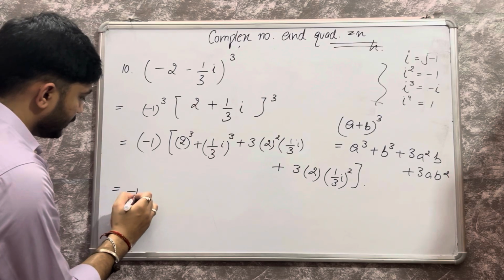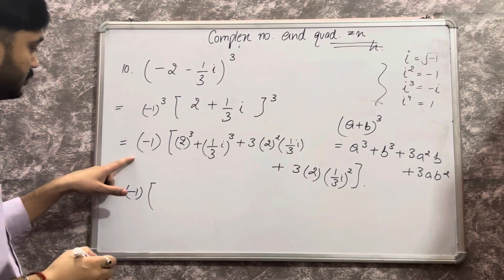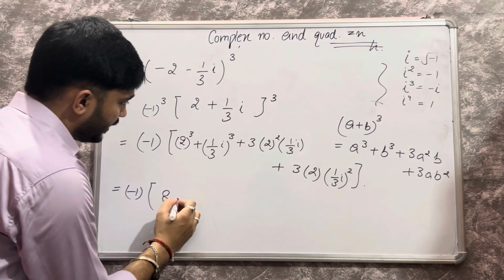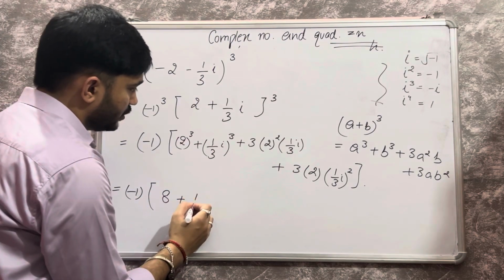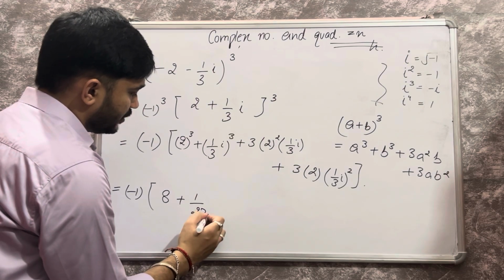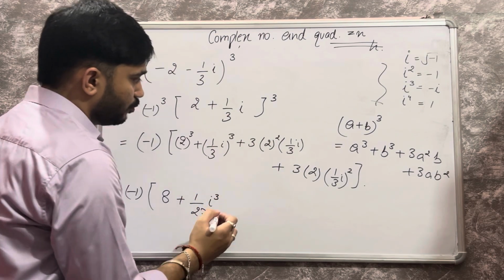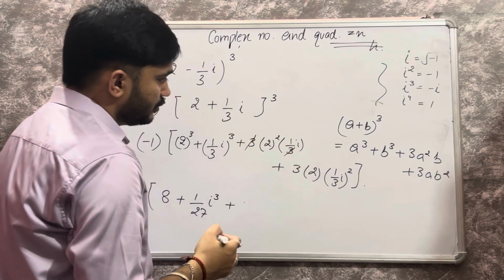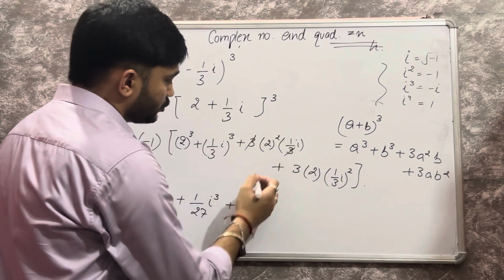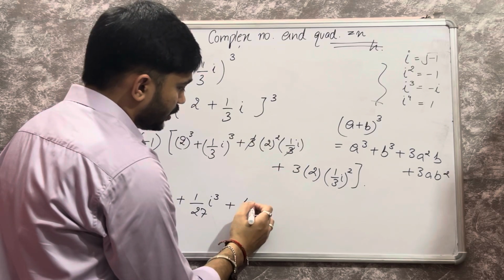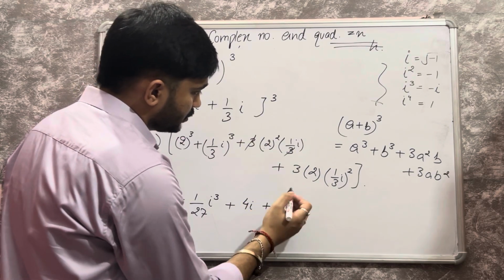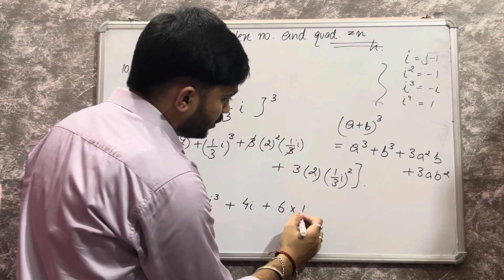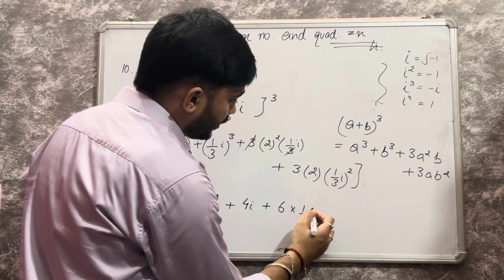Solving this, we will get minus 1 here. Leave it as it is. 2 cube is 8 plus 1 cube is 1, 3 cube is 27, iota cube is iota cube, plus you can cut out 3 and 3 here, and you are left with 2 square, that is 4, and iota, plus 3 into 2 is 6, multiplied by 1 square is 1, 3 square is 9, and iota square.